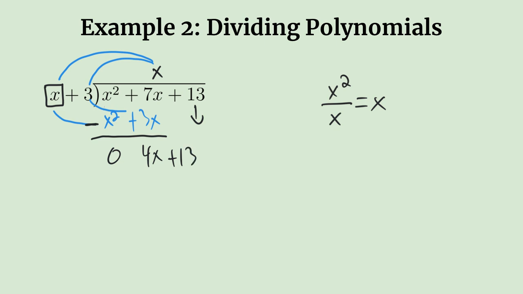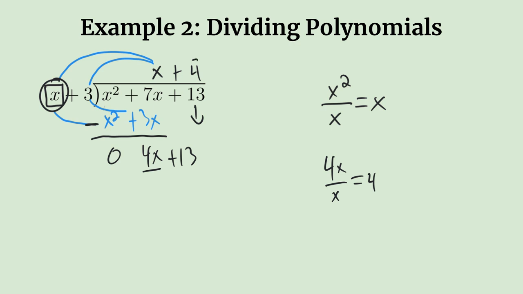And then we do the same thing. We're saying how many times does this x go into 4x, which is to say, what is 4x divided by x, which would be 4. So we're going to put plus 4 up here.